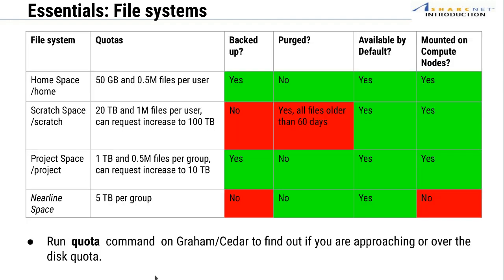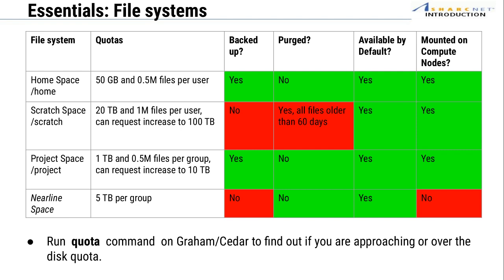You should be aware that there are a few distinct file systems on our clusters. When you log into a cluster, you find yourself inside the so-called home file system. This is a very limited file system, and also a low performance file system. So you're not expected to run production runs from the home file system.